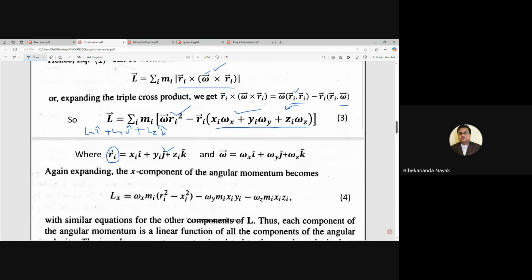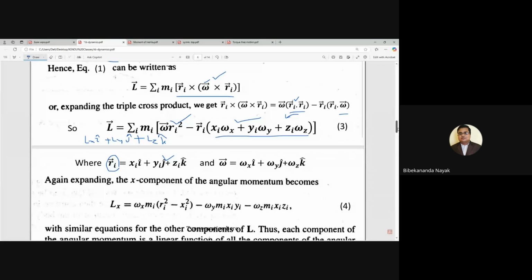Isn't it? We write that. Okay. So Lx is equal to how much? Sum of mi omega x, because here the vector is omega. First term, the vector is omega, its x component is omega x. So mi omega x. Here the x component is xi.